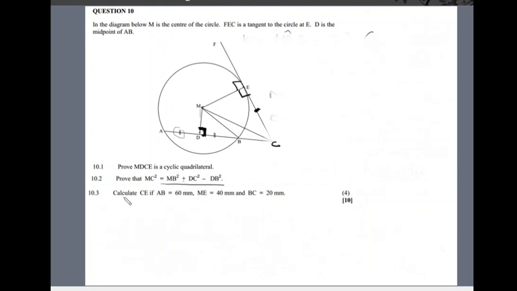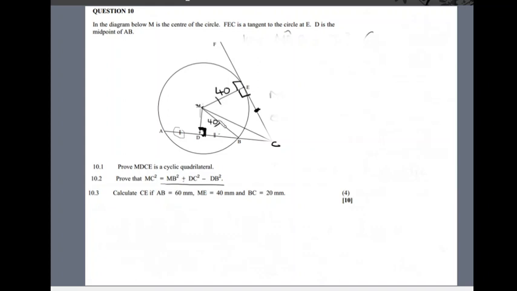And then we are given that ME is 40, right? Because you are given ME, you are also given MB, because those two are radii. ME and MB are equal, so MB is also 40, right?